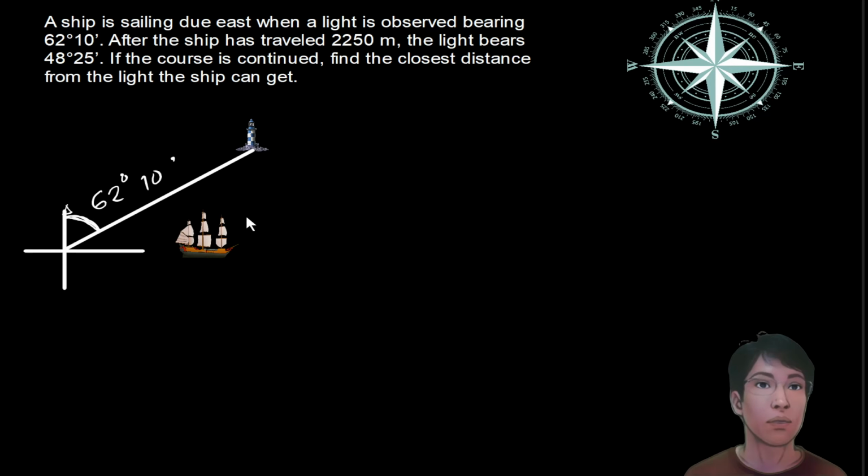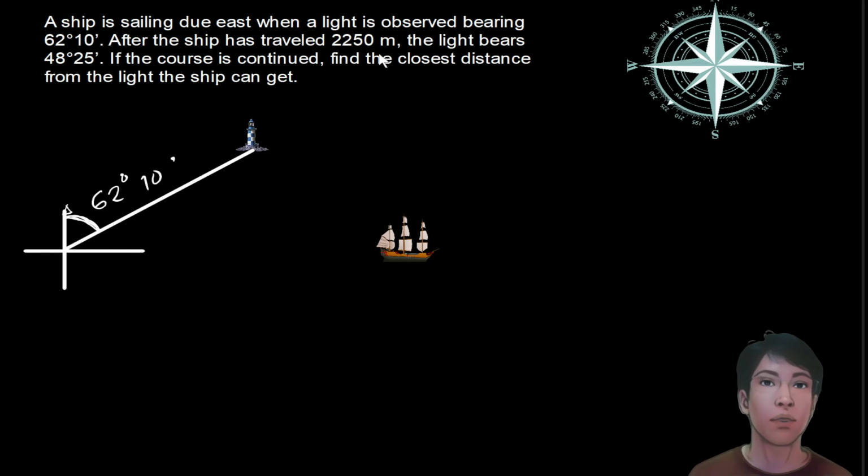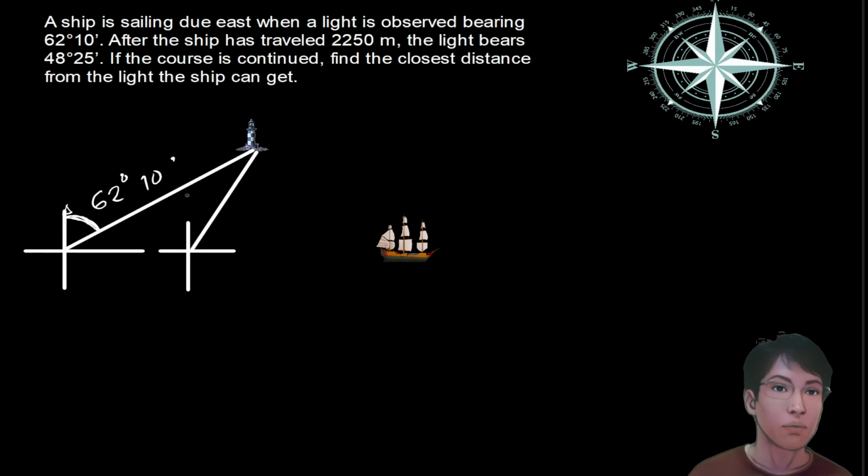Somewhere here. So how did I figure out that it should be over here and not here? Basing from the bearing of the light, 48 degrees 25 minutes. If I were to create another one, like this, this angle is 48 degrees 25 minutes.